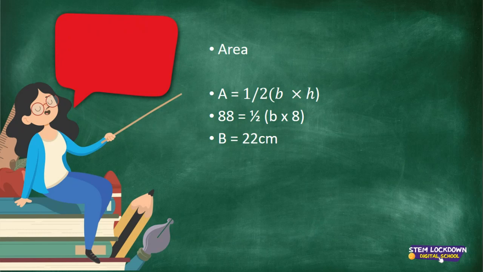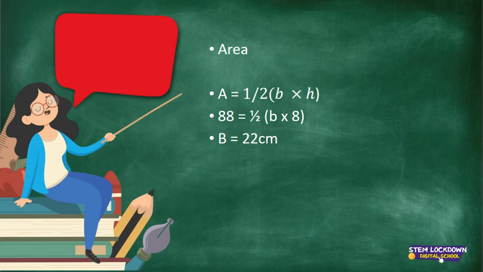If you divide 88 by 8, you will get 11. In other words, 11 multiplied by 8 will give you 88. And of course, to get rid of the half on the right-hand side, you'll need to multiply both sides by 2.